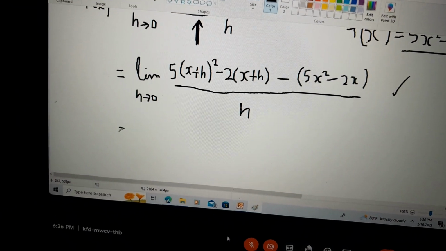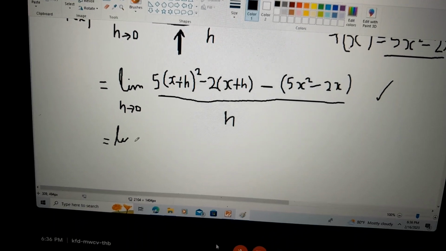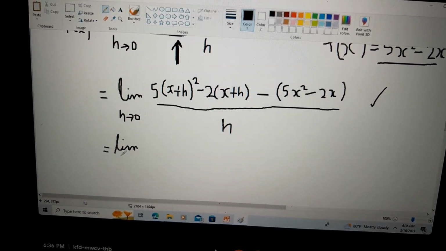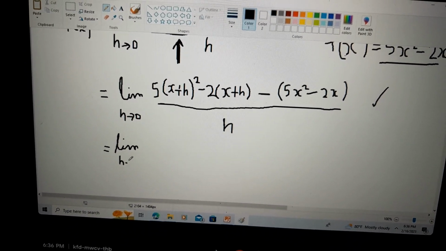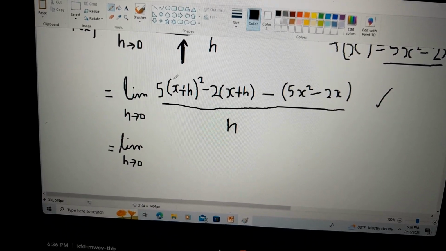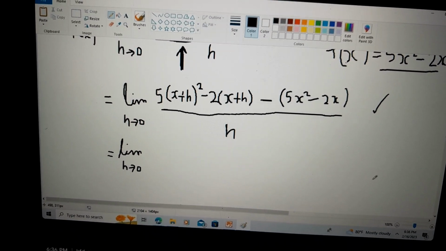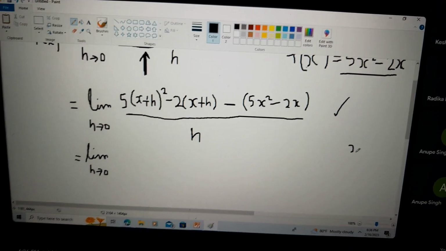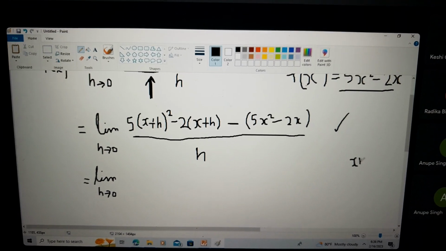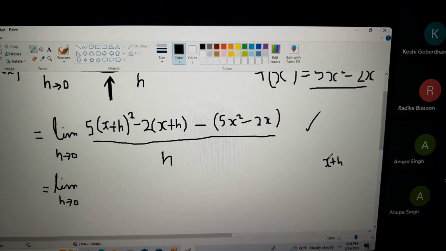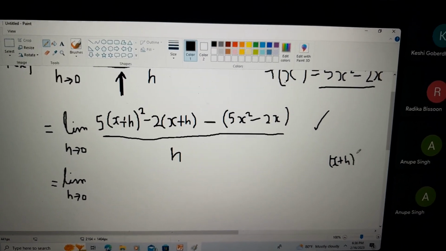So this would work out to the limit as h approaches 0 of, now x plus h squared is a perfect square. And you should remember the perfect square rule from algebra.